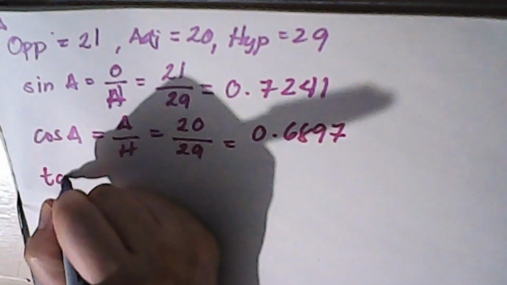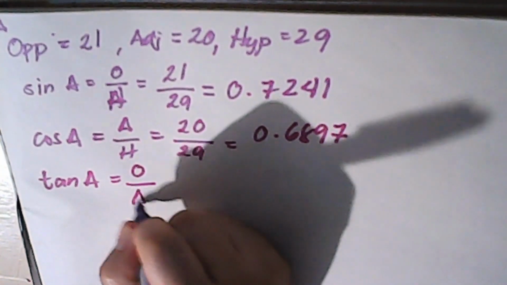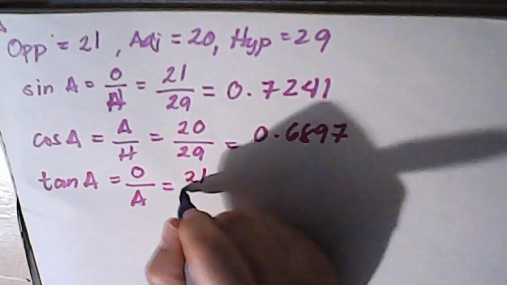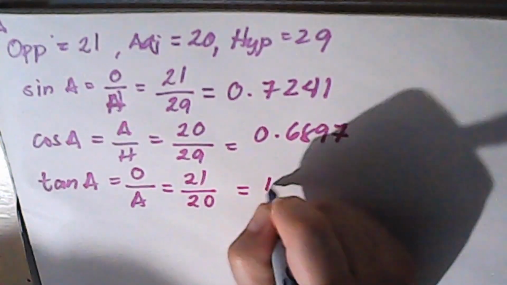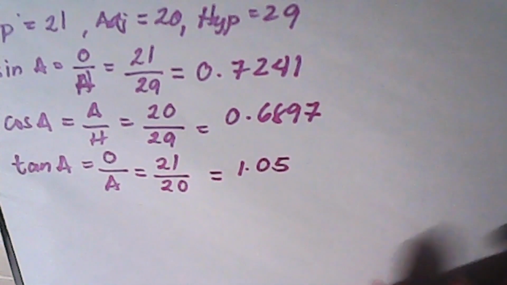So to get the tangent, we will divide the opposite side by the adjacent side. The opposite side is 21 units, while the adjacent side is 20 units. Now the reciprocal ratios.